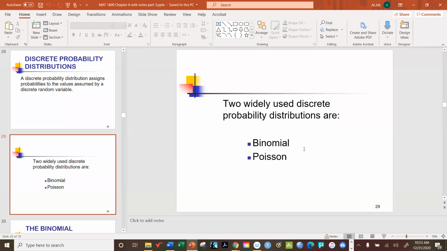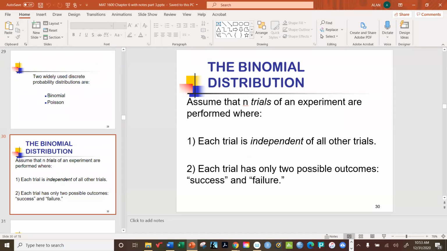We've already finished our discussion about the binomial distribution. We haven't started Poisson yet. So just quickly, the binomial distribution results when we have an experiment with the following properties. We have a series of trials, like flipping a coin, for example, could be considered a single trial of an experiment in which we flip the coin multiple times.